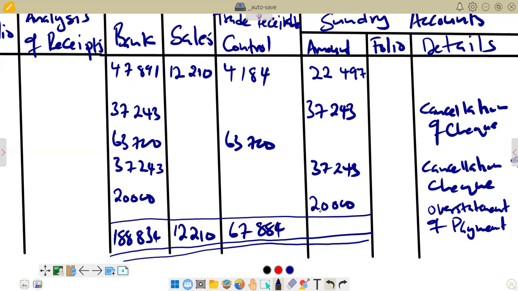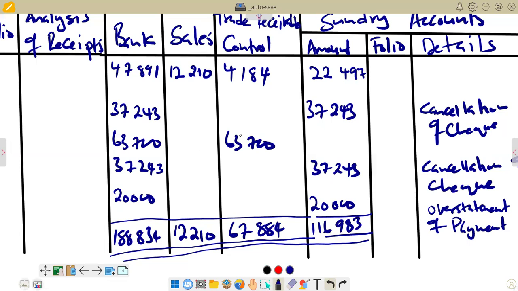If you say 22,497, and you add 37,243, add 37,243 again, and then your 20,000, you are going to get 116,983.